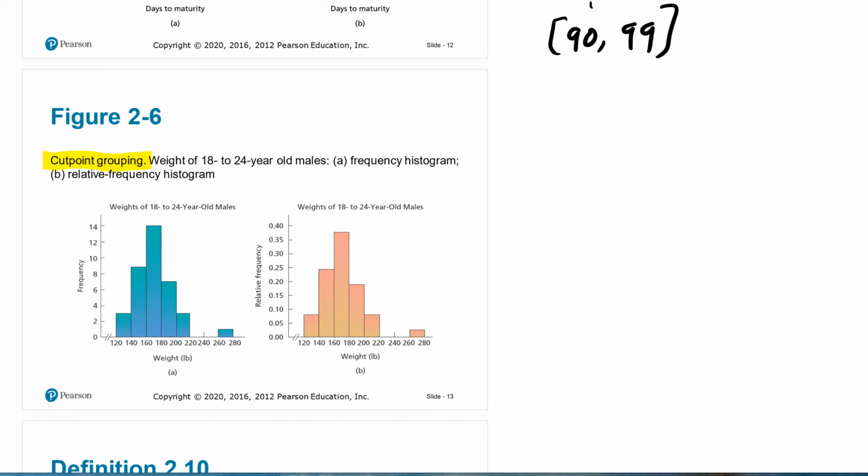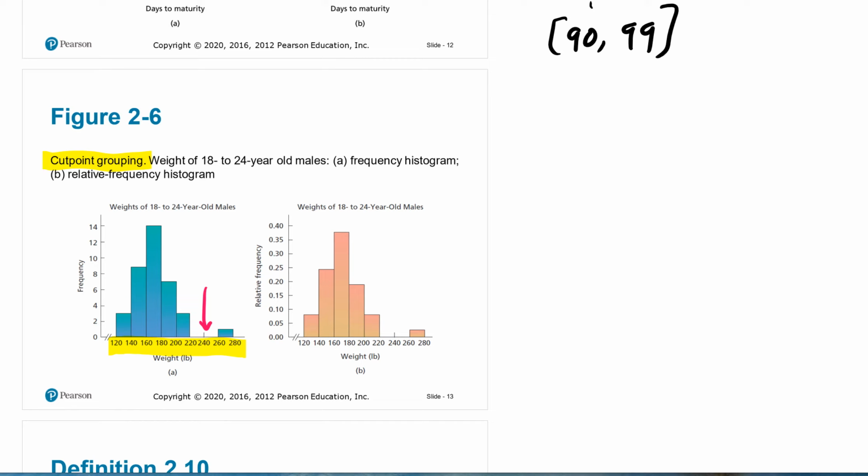One thing I want to comment on here is that the construction goes exactly the same way as the previous example. The other thing is the numbers: make sure in a histogram these numbers go in order. Although in this area nobody had a weight between 220 and 260. No one said my weight is between 220 and 260 pounds.